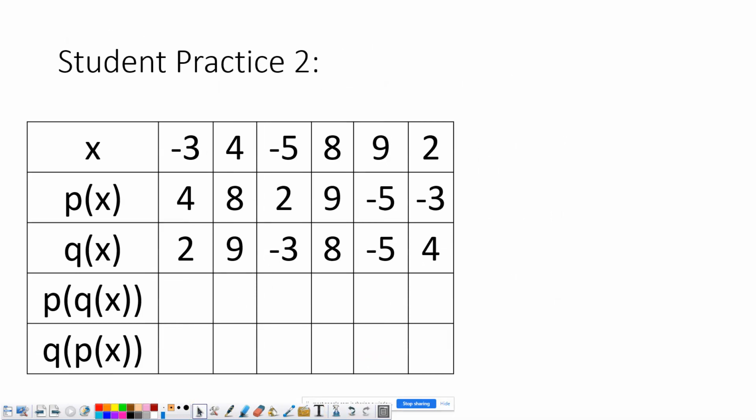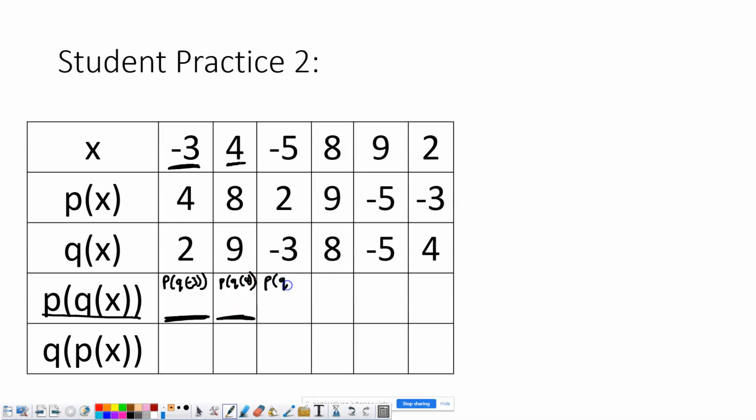So I want you guys to complete this table. So once again, for this first one here, P of Q, right? So we want P of Q of -3. So find out what that is and put your answer here. And then you're going to do P of Q of 4. You always go with the x value at the top, right? That's what we're plugging in, is the x value.